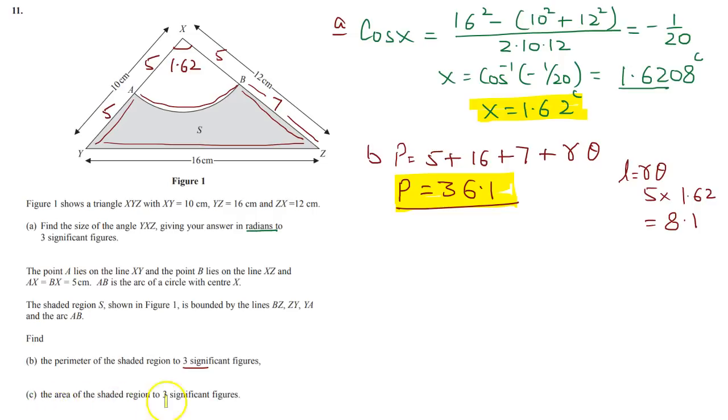The area of the shaded region to three significant figures. Now this one, that is part C now. So what we have to do is, first we find the area of this triangle.